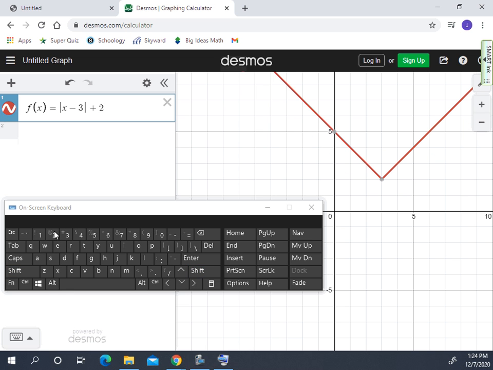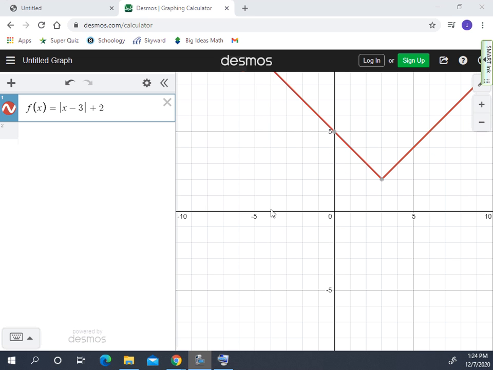Now, let's talk domain first. What domain means is, for each point, so at 0, 1, 2, 3, 4, 5, all the way to infinity, and negative 1, 2, 3, 4, 5, all the way to infinity. So from negative infinity to positive infinity.